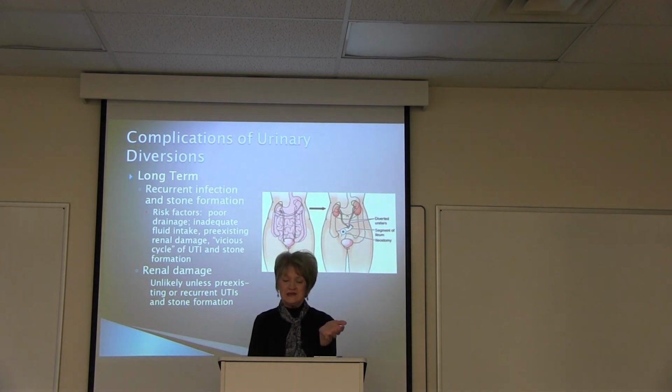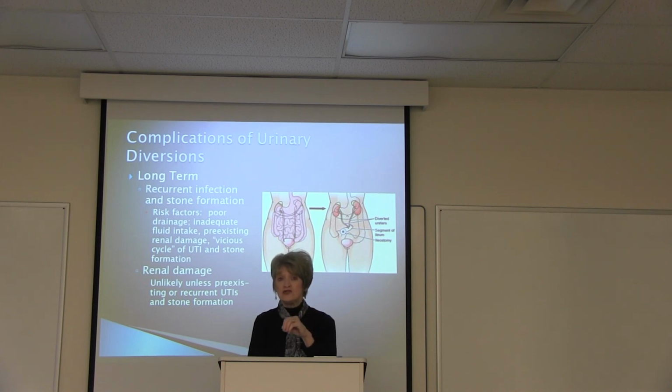Patients who have pre-existing renal disease, renal damage, are higher risk. And then some patients get into a vicious cycle where they get a very aggressive infection with an organism like Proteus. And then Proteus alters the pH of the urine, makes the urine alkaline. That increases the risk of stone formation. If they get a stone, then that blocks normal drainage, which increases their risk for infection.